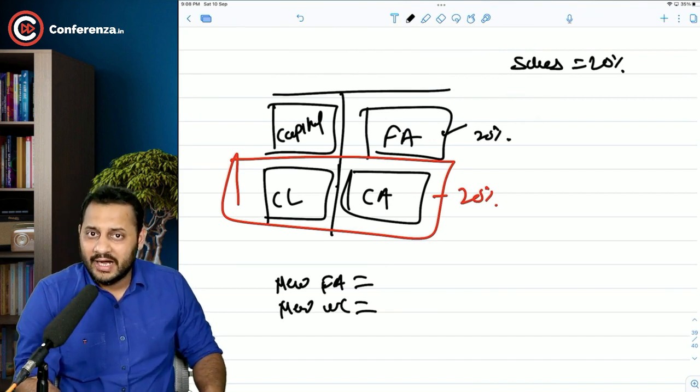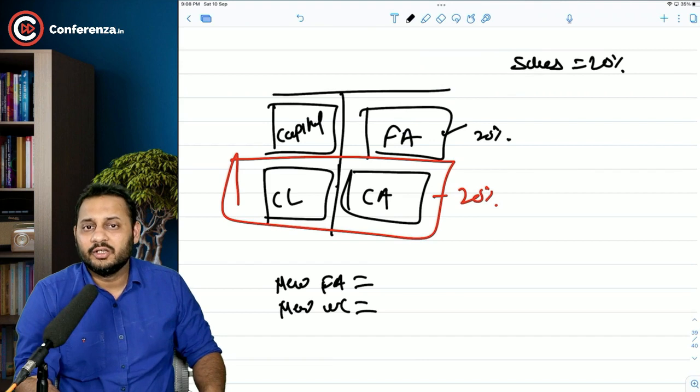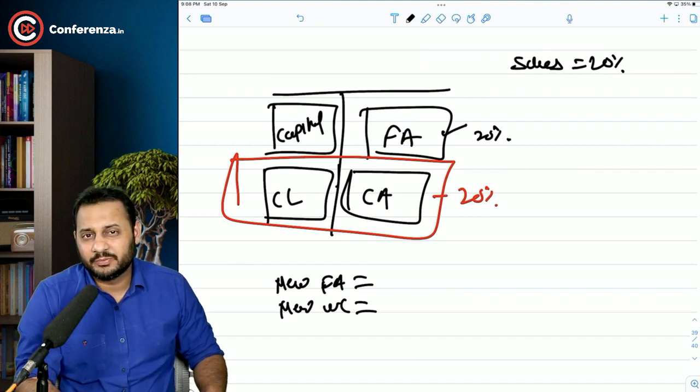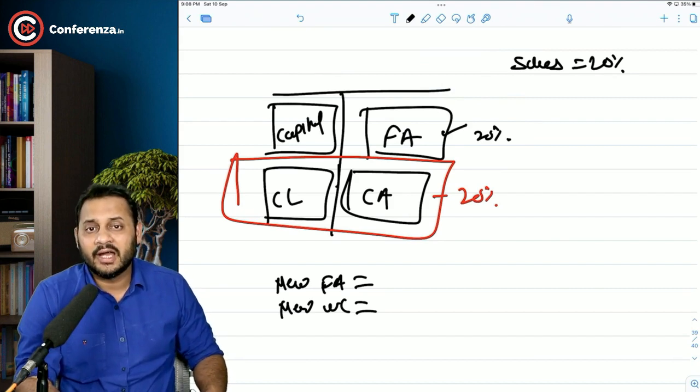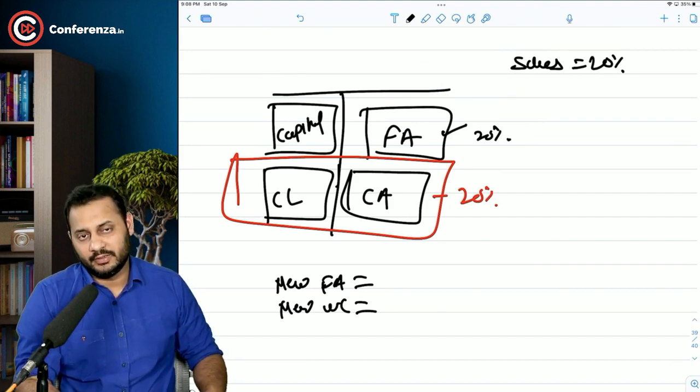If you want to add fixed assets in the company, you will have to make the arrangement for capex, capital expenditure, and change in working capital. You remember that? Profit after tax, and then we deduct the capital expenditure and change in working capital. So what is exactly the funds required to add more fixed assets and more working capital?